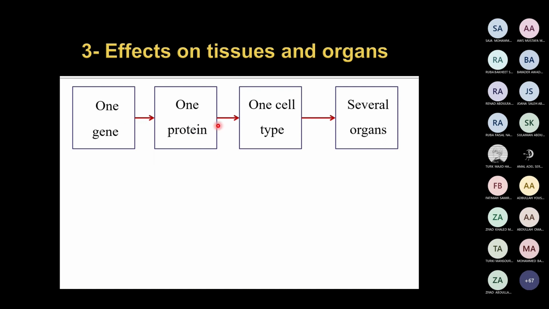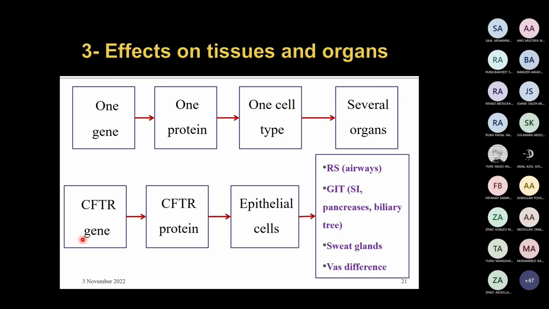This protein problem is important for one cell type, but this one cell type is present in several organs. So the CFTR gene produces the CFTR protein, which is very important for epithelial cells to work, but epithelium as a tissue type is present in different organs.